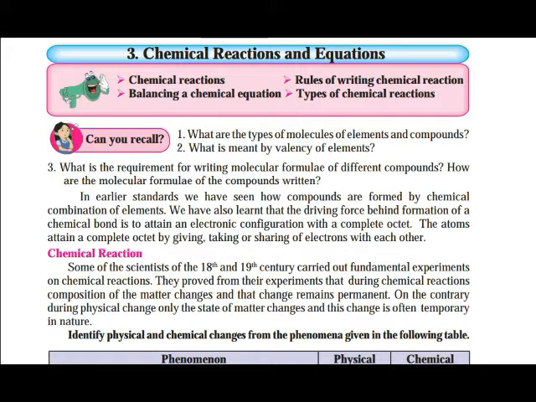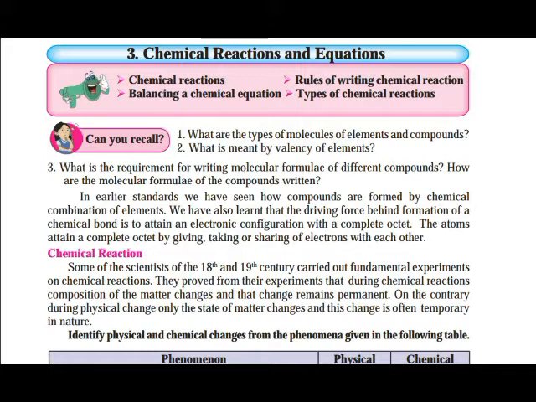You have seen that. To complete the octet, what happens? NaCl, sodium chloride. Electronic configuration of Na: atomic number is 11, 2, 8, 1. Cl, chlorine: 17 is the atomic number, 2, 8, 7.